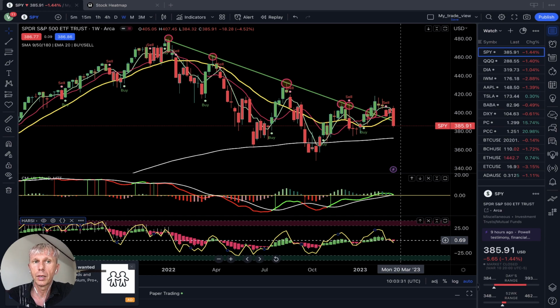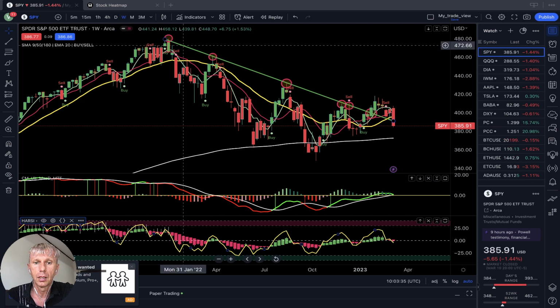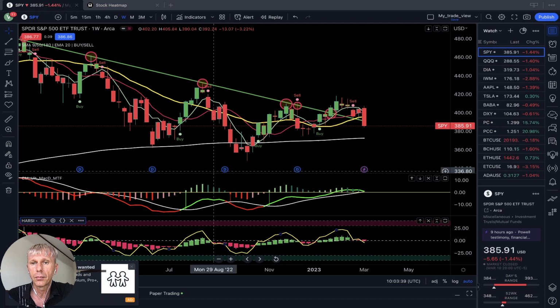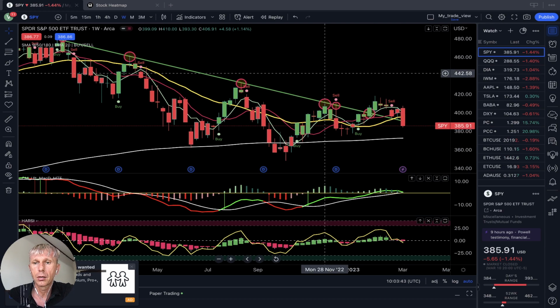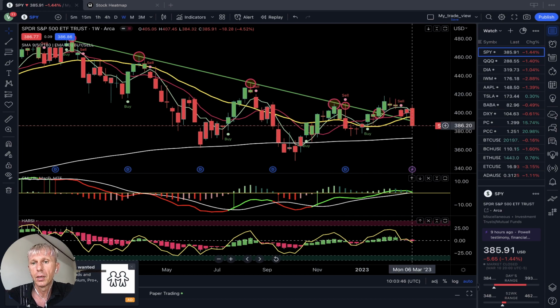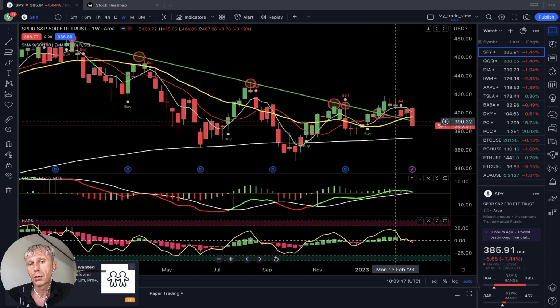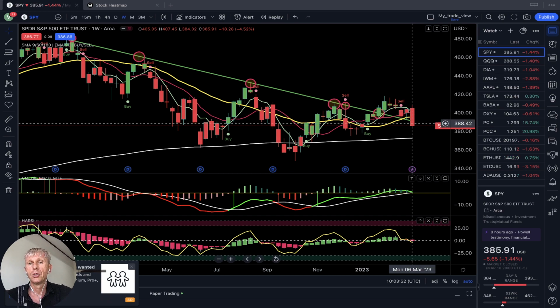Bearish signal, bearish trend on the weekly time frame. This green line is the major trend line from the top of the market, and SPY closed below this major trend line. It was a bullish crossover over the major trend line, and now it closed below it.